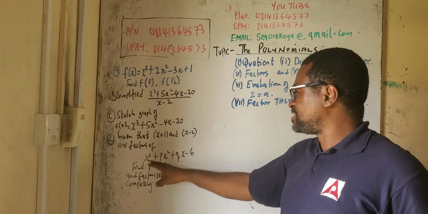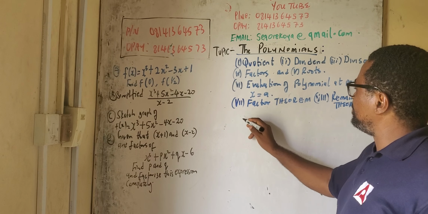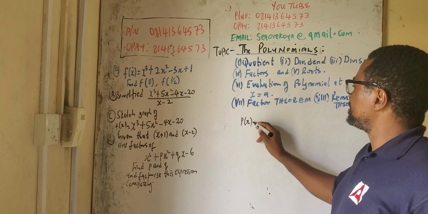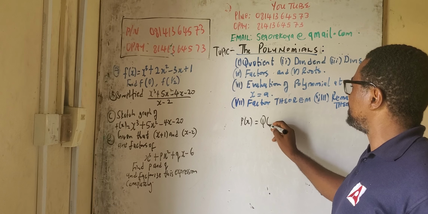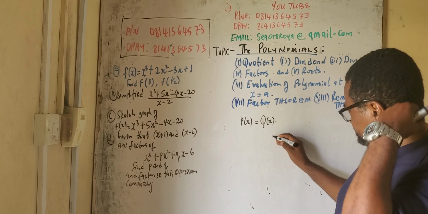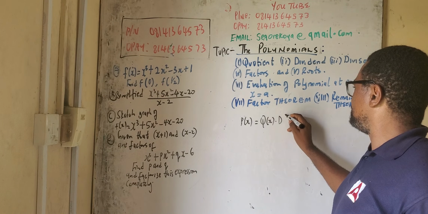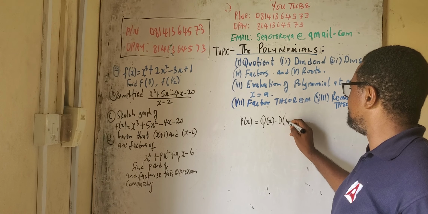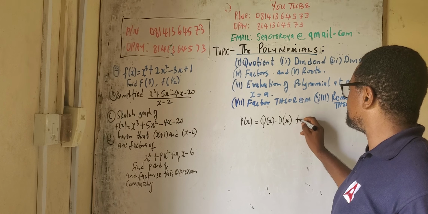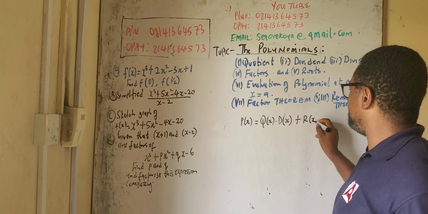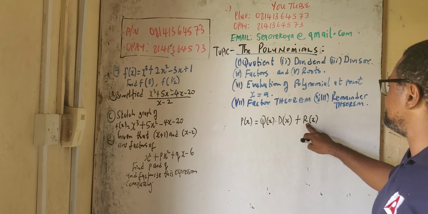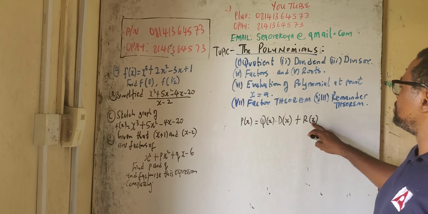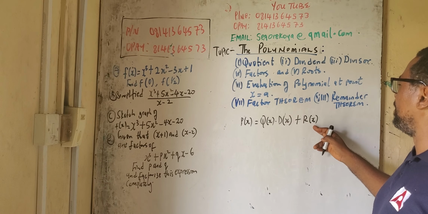Now, we are starting. Let me say I have polynomial p of x defined as quotient q of x times divisor d of x, then plus the remainder function. This remainder may be a function of x or may be a constant.